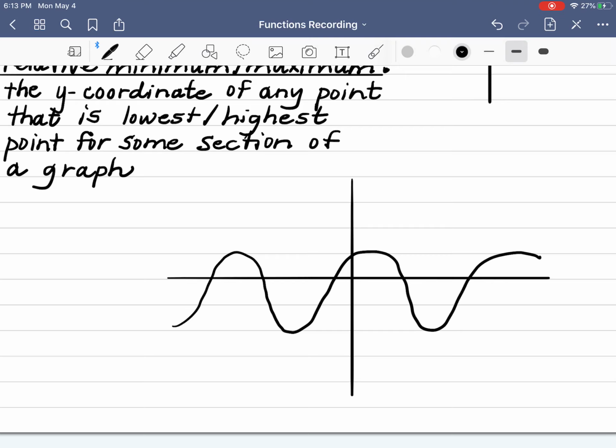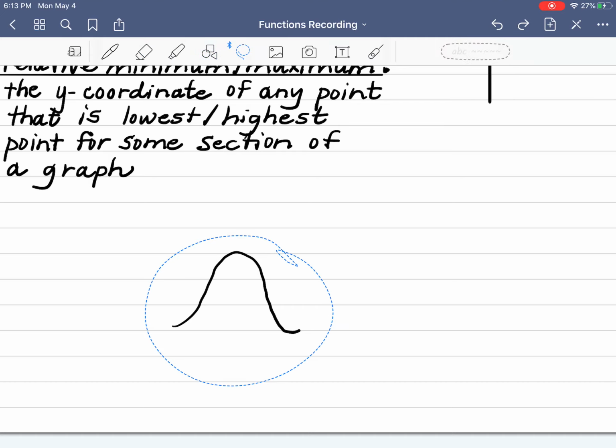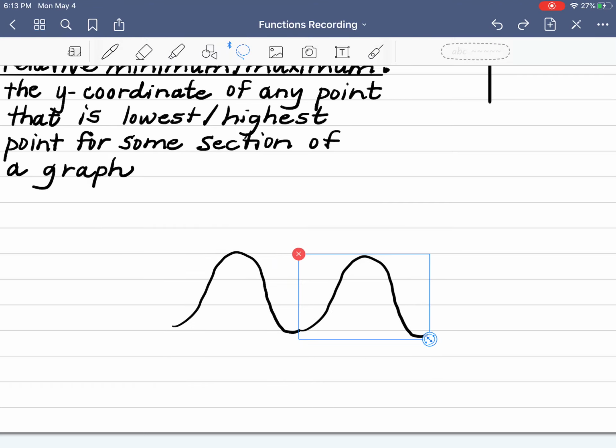Actually, let me try something here, because they really do need to be the same. Let me delete this out. And we'll define periodic graphs in just a second. But with a periodic graph, you get this pattern that repeats over and over, like a sound wave or an earthquake wave. You get those repetitions. So I'm going to try to build this one so it will be exactly what I'm looking for, kinda, sorta.